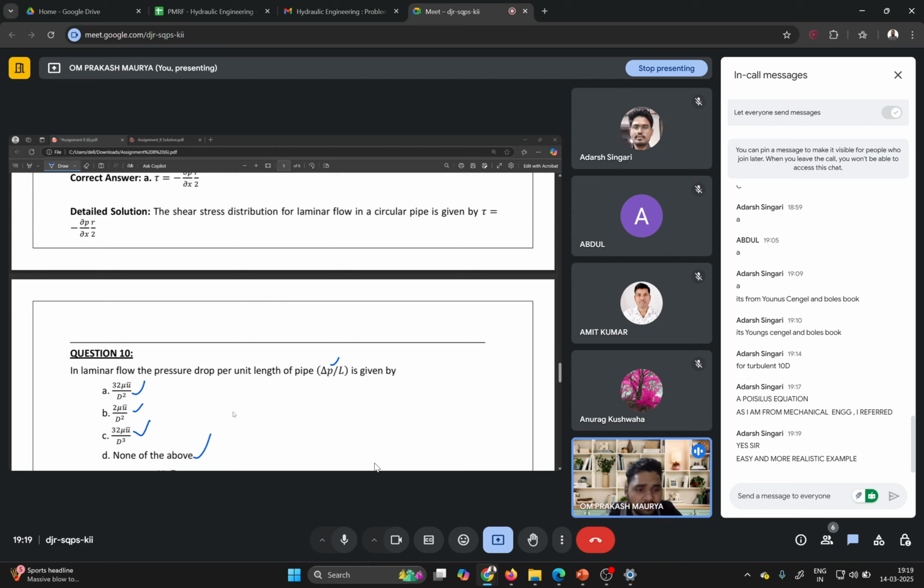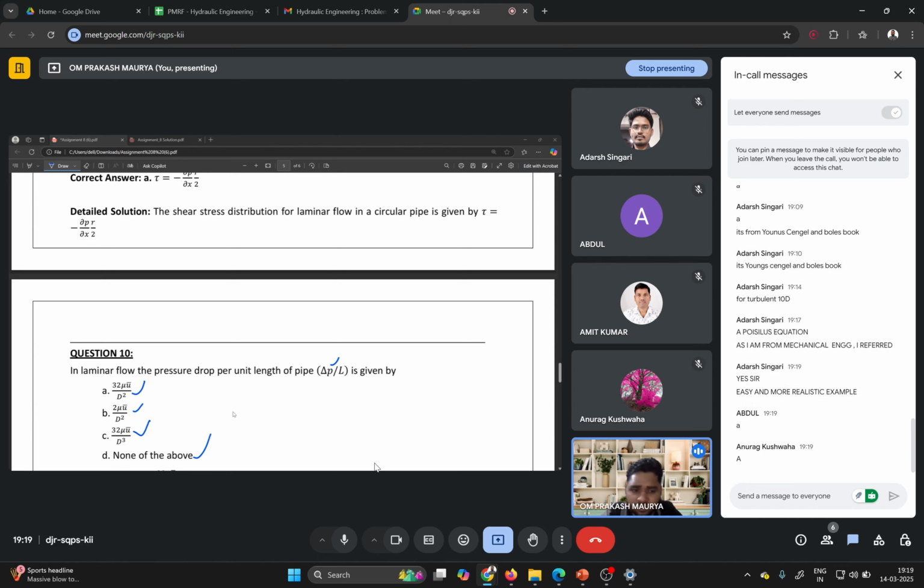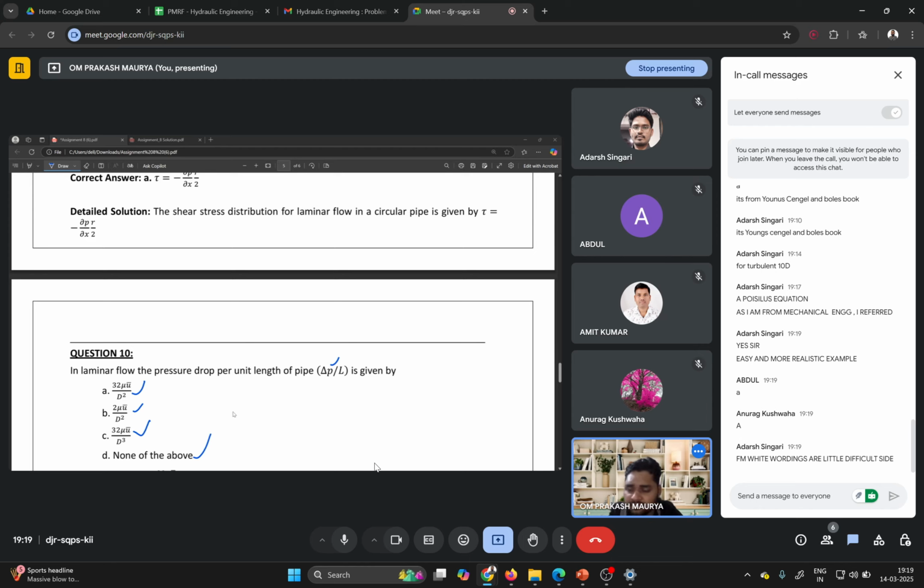So for question number 10, anyone want to give the answer? In laminar flow, okay, A. Abdul and Anurag are also telling option A. Actually I have not referred to the F.M. White book, I have read only one or two chapters.